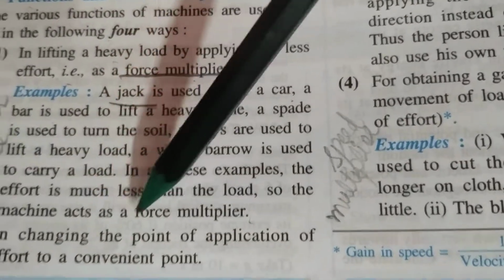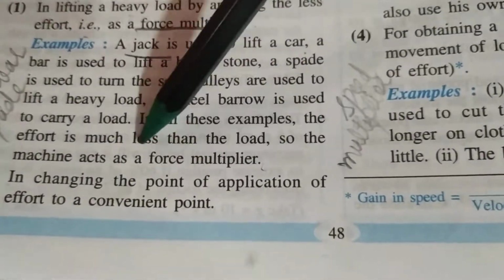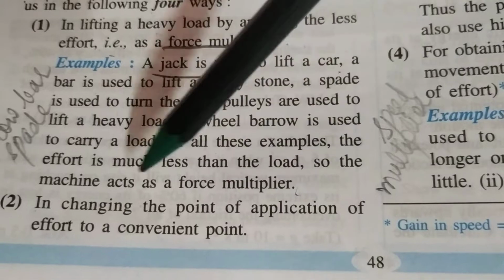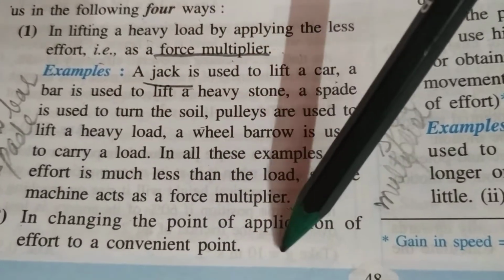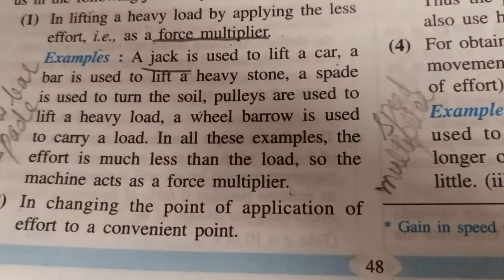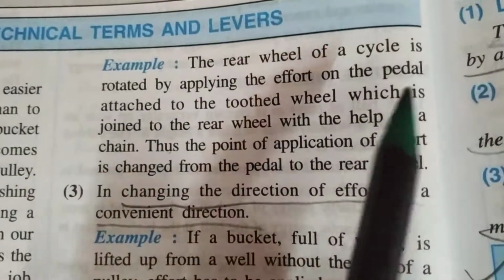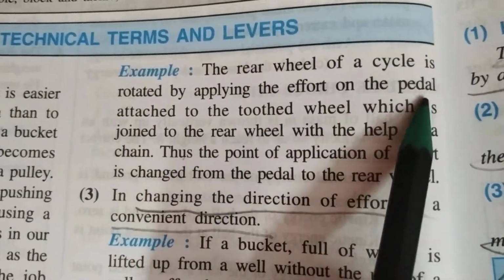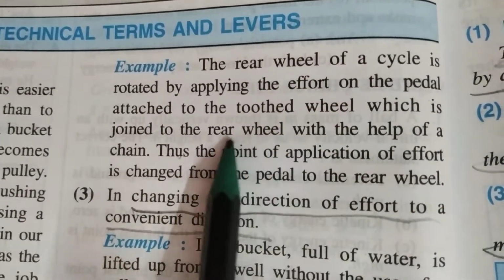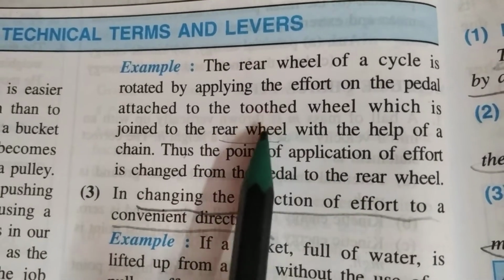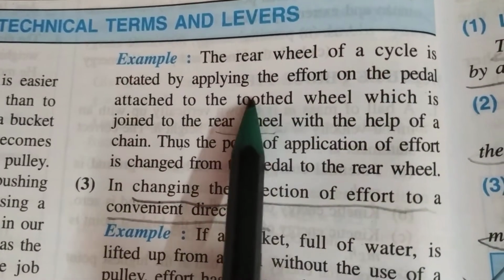Secondly, a machine can help us in changing the point of application of effort to a convenient point. Now how does it happen? Let's take some examples. Example of a bicycle. Students, you all know that you use pedals to move the rear wheel of your bicycle, and that pedal is attached with a toothed wheel.